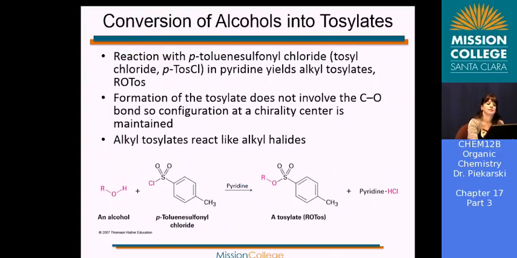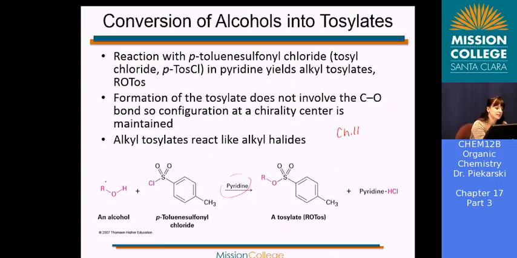Now, in Chapter 11, I introduced something, and I maybe mentioned it in Chapter 10: converting alcohols into tosylates. If we react an alcohol with para-toluenesulfonyl chloride, so this is your tosyl group, we need to do it in pyridine. That's critical here. It acts as a solvent and a weak base. It yields something called an alkyl tosylate, and this is the little abbreviation. What's really interesting is that it doesn't affect the chirality of the carbon atom.